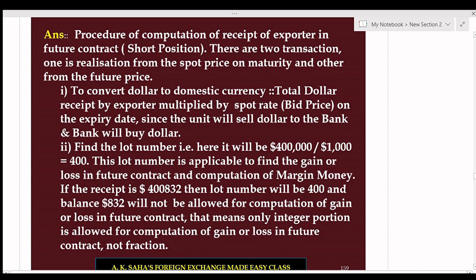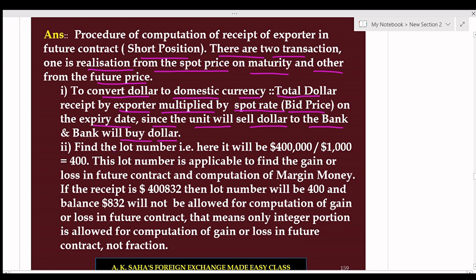Procedure of computation of receipt of exporter in future contract short position. There are two transactions. One is realization from spot price on maturity and the other from future price to convert dollar to domestic currency. The process is total dollar received by exporter multiplied by spot rate, that is bid price, on expiry date, since the unit will sell dollar to the bank and the bank will buy dollar.